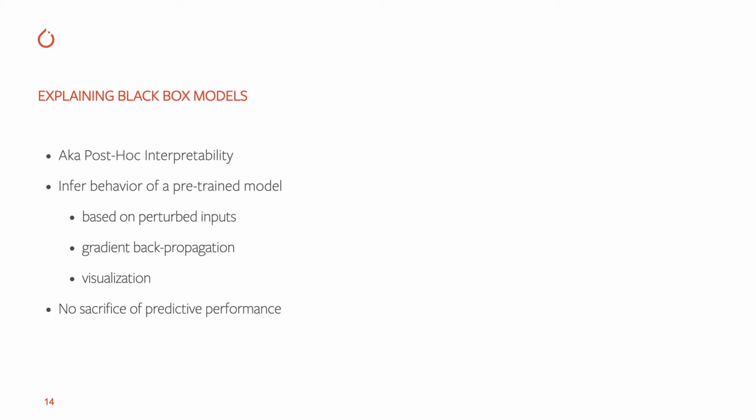This technique is called post hoc interpretability in the literature, and it aims to infer the behavior of a pre-trained model by perturbing the inputs, by looking at gradients during backpropagation, and by doing some visualizations of the input features or the internals of our models. When we explain black box models, we do not need to train a model or change any internals of the models. There is no predictive performance sacrifice for this type of explainability or interpretability technique.